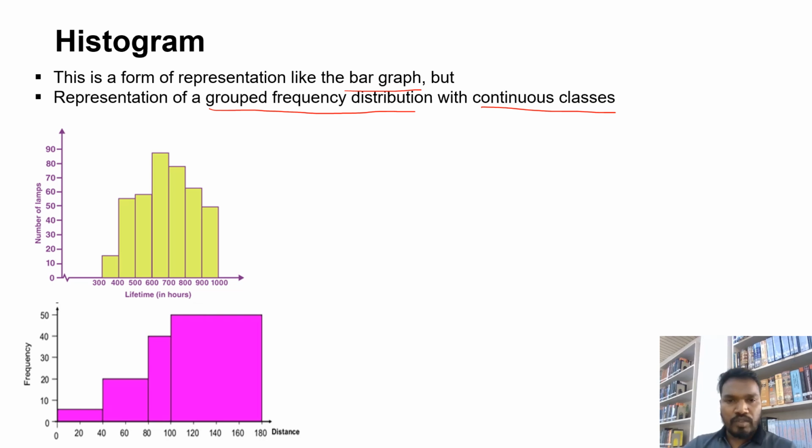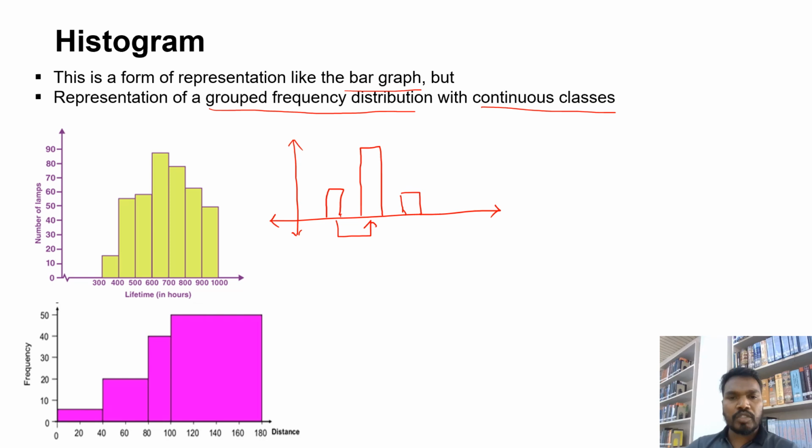If you observe the bar graphs, we have rectangular bars, and there is a gap between two consecutive bars in the bar graphs, but here you don't find any. Why? Because this data is continuous classes.